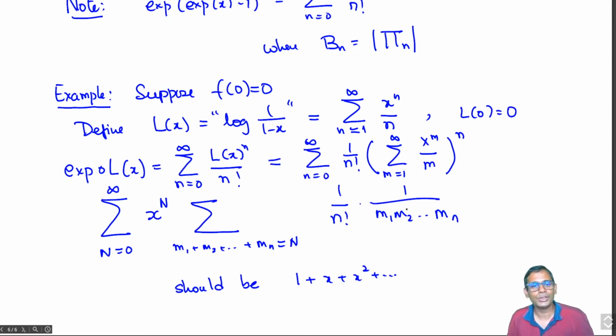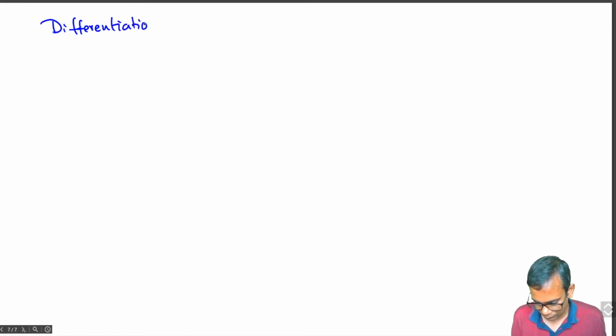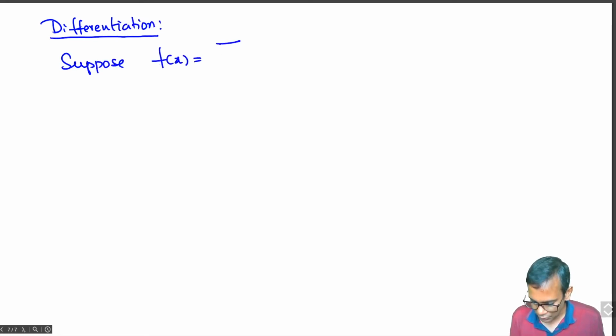We'll use the notion of differentiation. Again, these are not functions, but we will pretend they are functions and do the various operations that we do on functions. So let me introduce a new operation on formal power series, namely differentiation. Suppose f(x) is equal to the summation n goes from 0 to infinity a_n x^n.